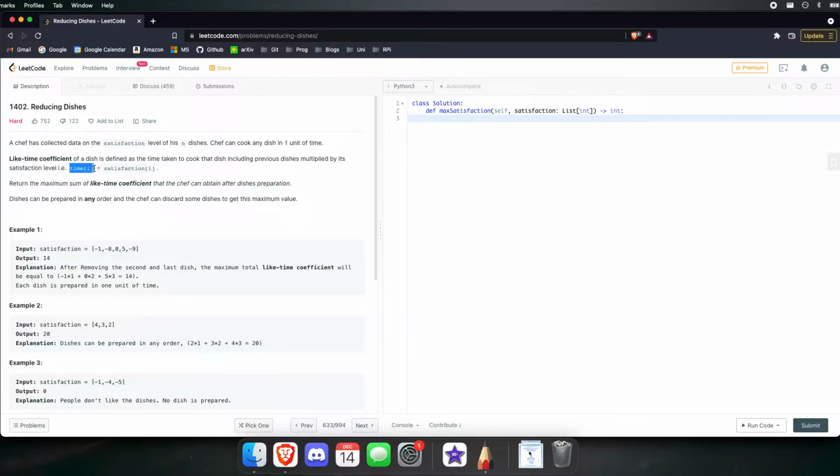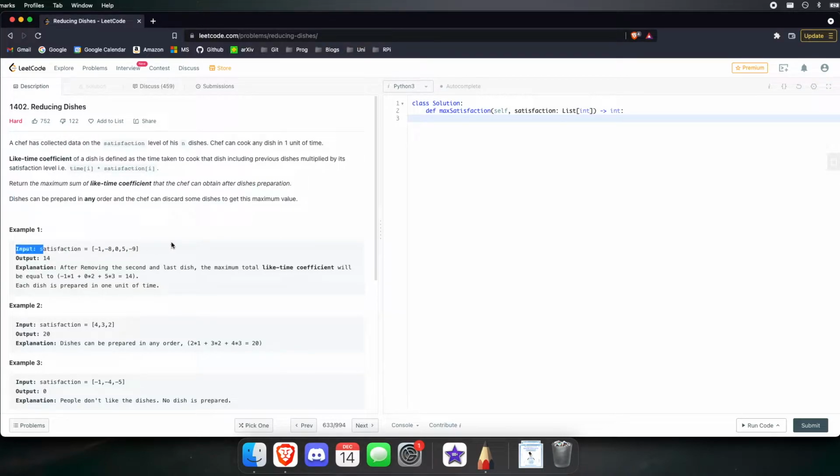So time it took to cook that dish times the satisfaction level of that dish. Return the maximum sum of like time coefficient that the chef can obtain after dishes preparation. Dishes can be prepared in any order. The chef can discard some dishes to get his maximum value.